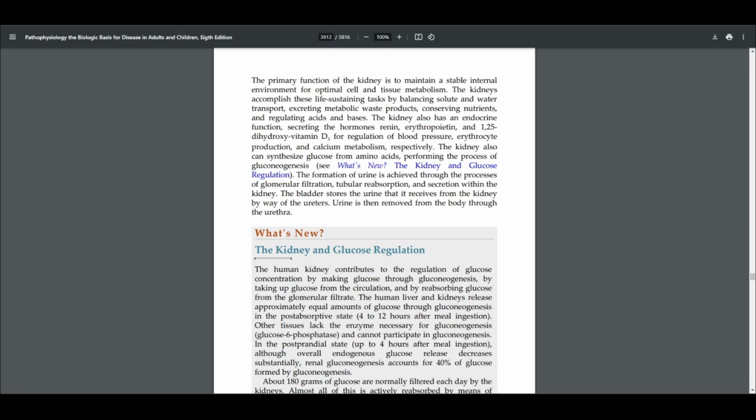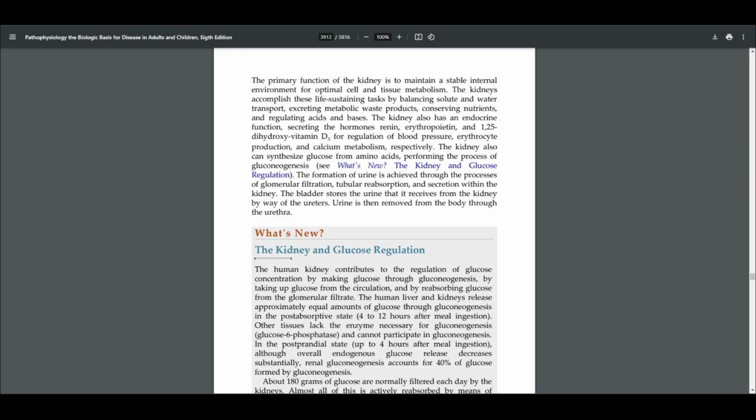The kidneys also have an endocrine function, secreting the hormones renin, erythropoietin, and 1,25 dihydroxy vitamin D3 for the regulation of blood pressure, erythrocyte production, and calcium metabolism, respectively.